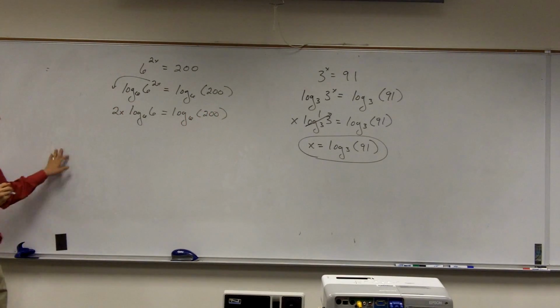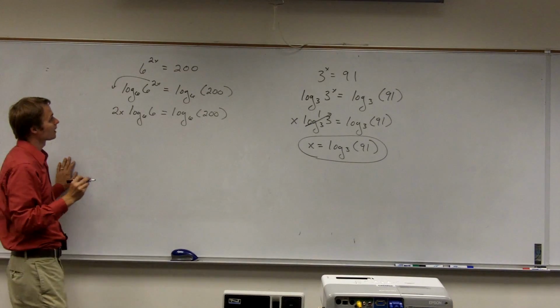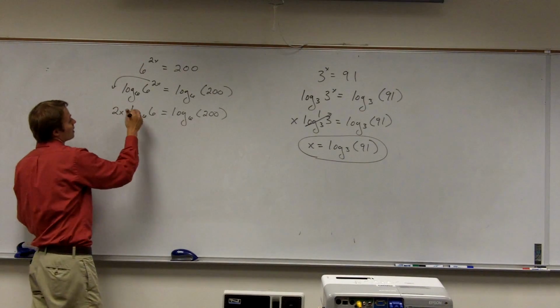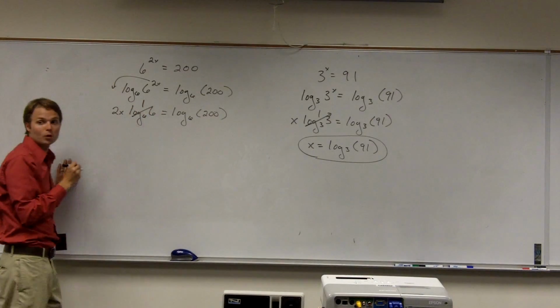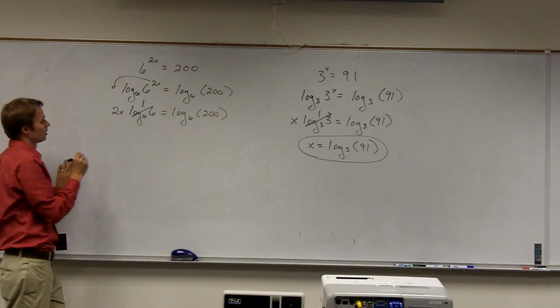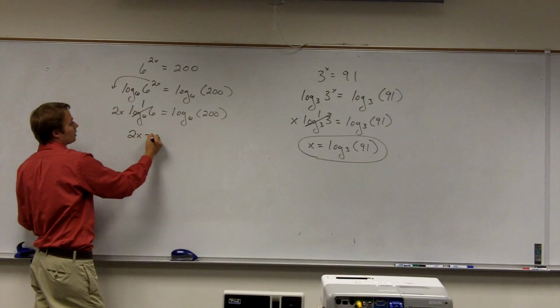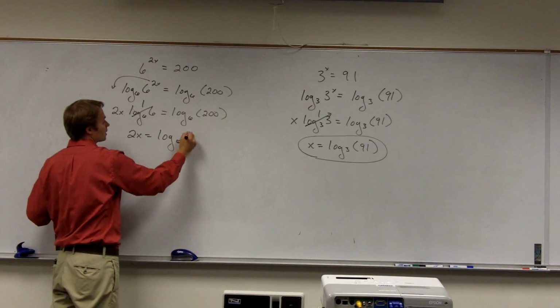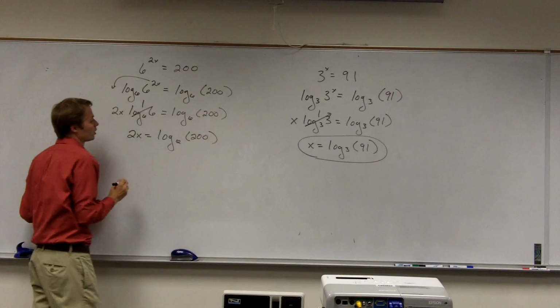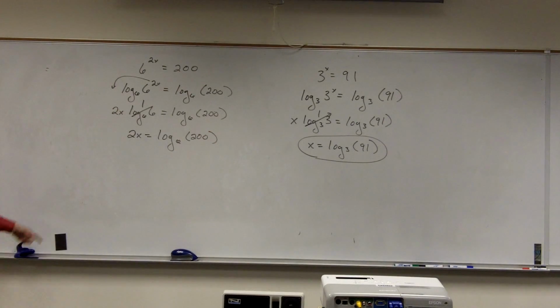And then log base 6 of 200, it's an ugly number, we don't know what it is, we don't care. It's still an exact answer. Then log base 6 of 6, that's just equal to 1, right? So I end up with this equation, 2x is equal to log base 6 of 200. Now we can just divide both sides by 2.